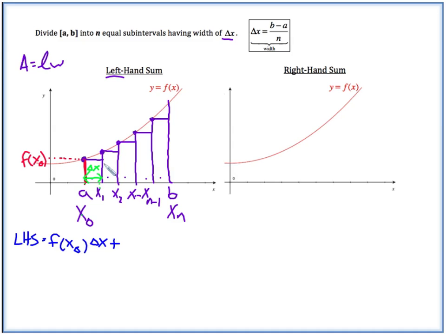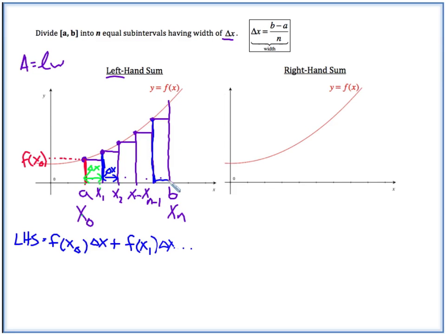Now my second rectangle is going to have this as its height, and that's f of x sub 1 times the width of delta x again. Okay, and this process would continue for all of the rectangles up until this one.